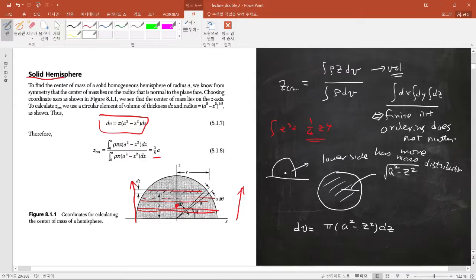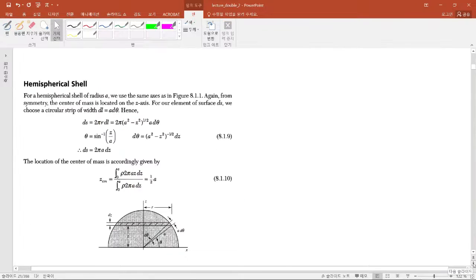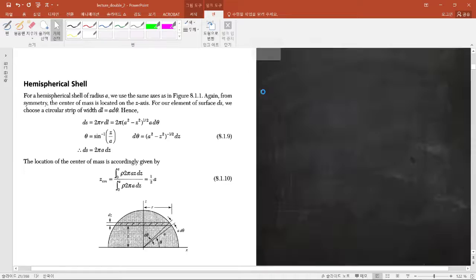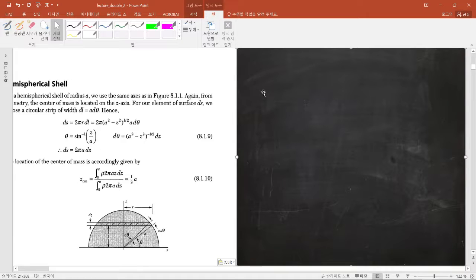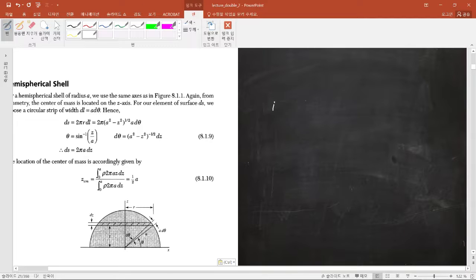So let's do the next example. In this case, it is a hemispherical shell. The previous one was a volume, but in this case this is a shell here, so this is empty inside. It is a spherical shell, a half spherical shell.